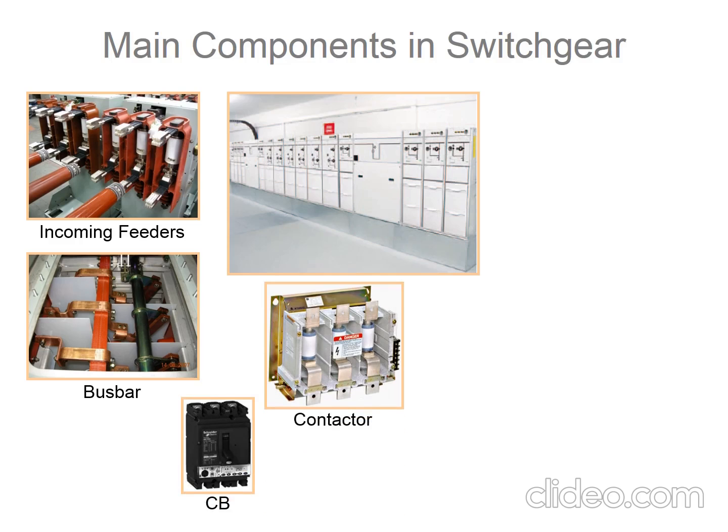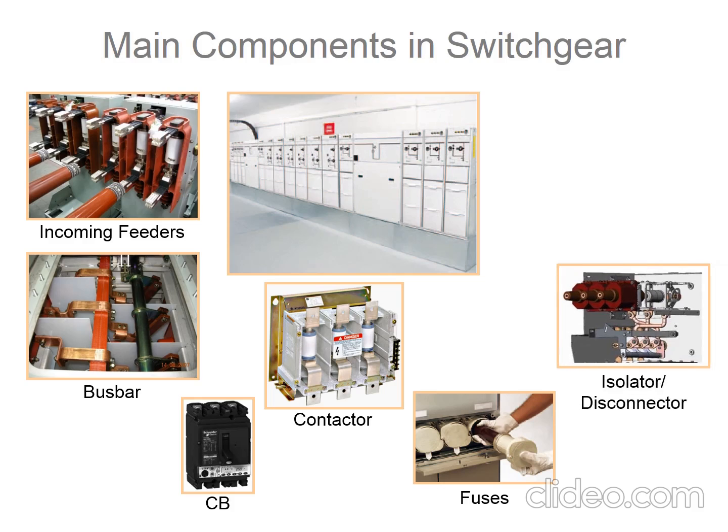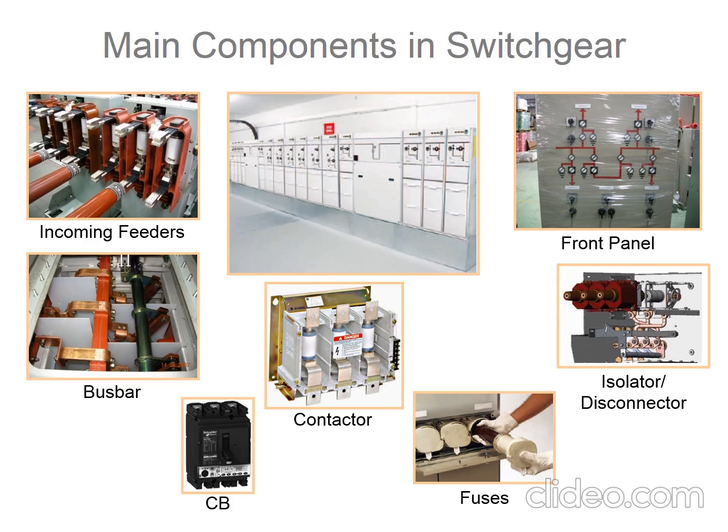And then we have the contactor, the contact inside the switchgear. And then we have the fuse, also inside the switchgear. And then we have the isolator or disconnector. And lastly, the front panel, for metering or switching purposes.